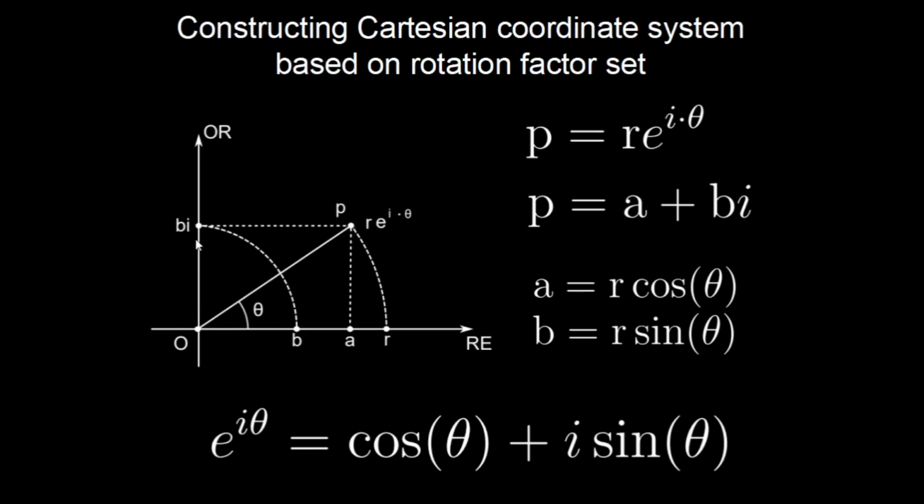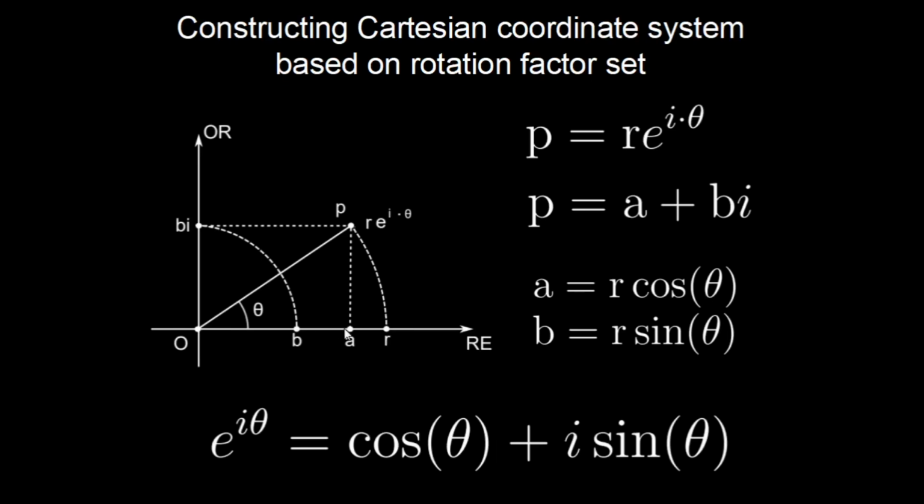Again, by the rotation factor concept, BI has a direction that's perpendicular to the RE axis and points upward. In the Cartesian coordinate system, the position number p is expressed by this equation p equals a plus bi.